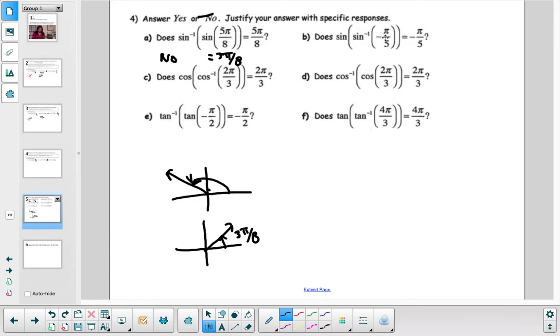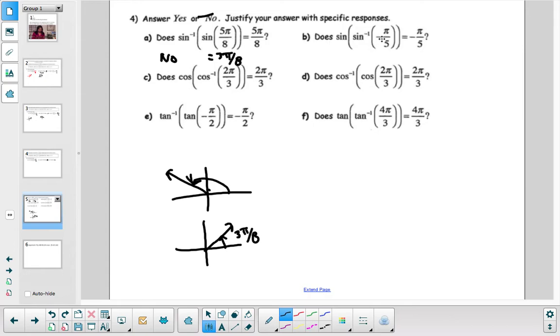No issues. But careful. You do not plug angles into inverse trig functions. You plug them into trig functions. You plug side ratios into inverse trig functions, and you get angles out of it.